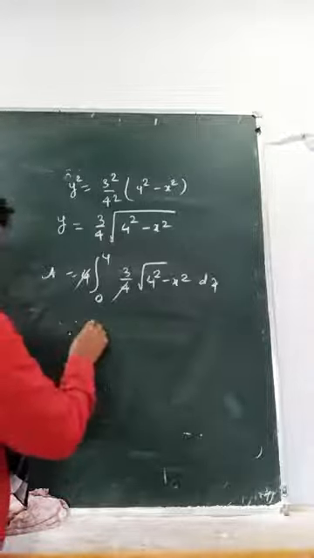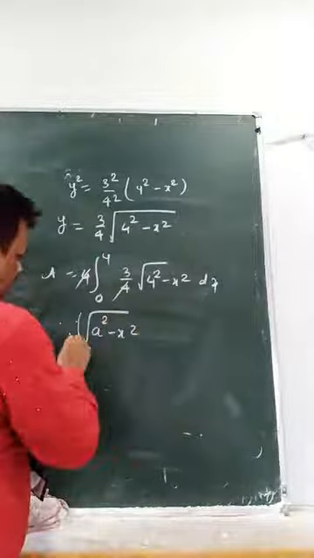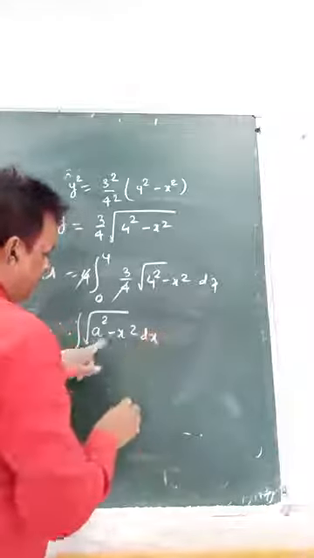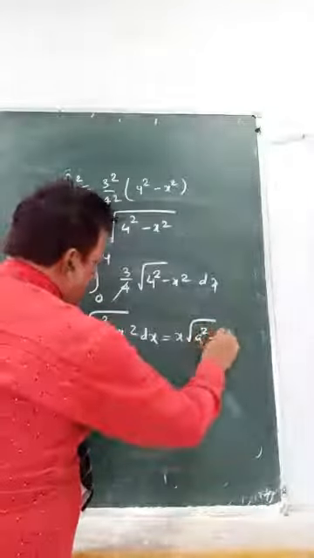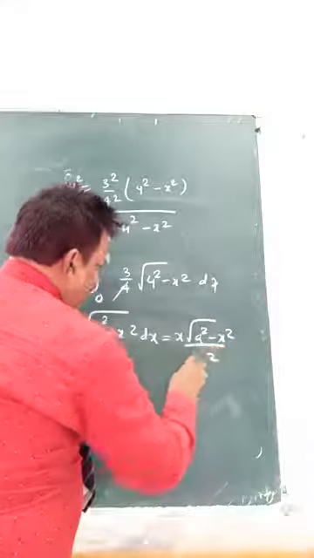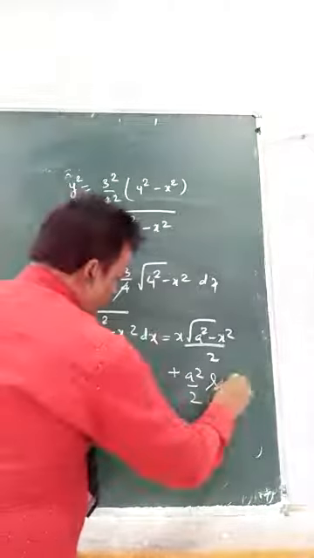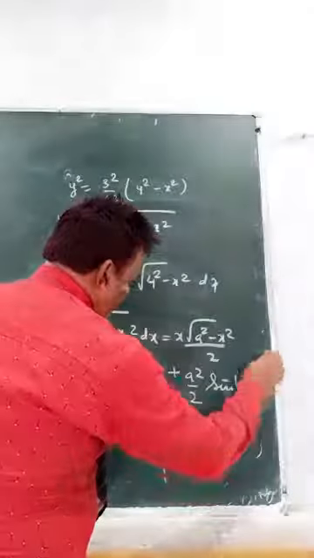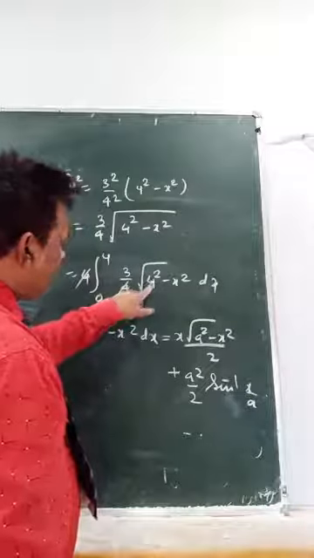Which formula? Now a square minus x square I have told you. Remember, this will be used several times. x into root of (a square minus x square) by 2 plus a square by 2 sin inverse x by a. Okay. What is a? a is 4.